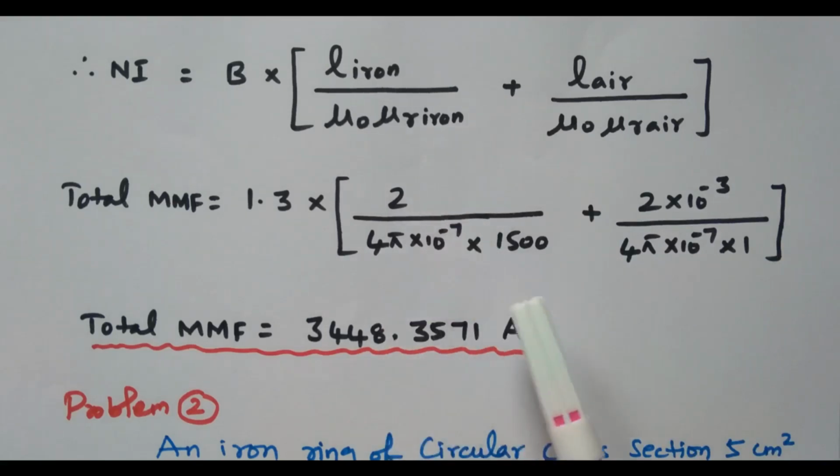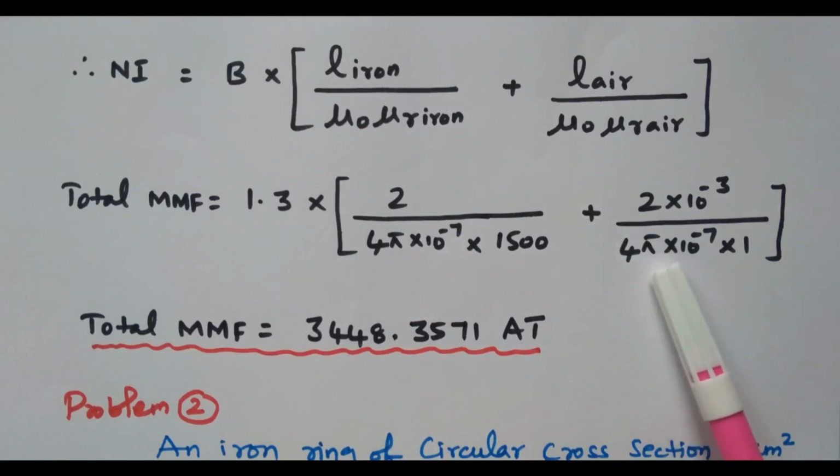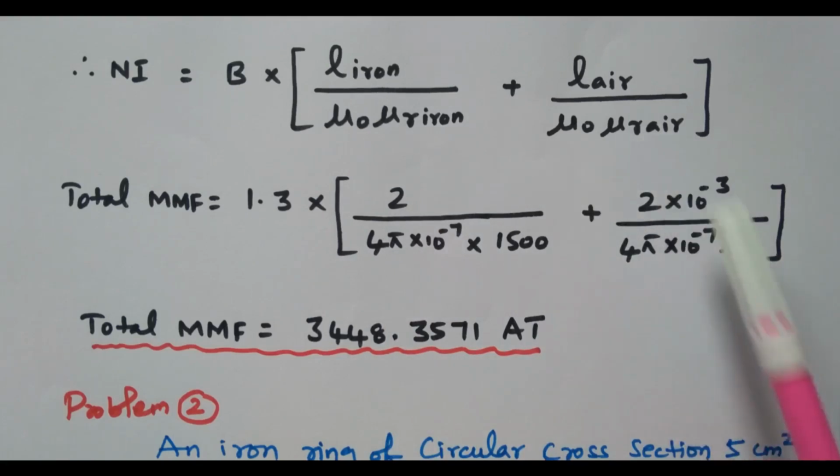For iron, the relative permeability is given as 1500. Here mu naught is 4 pi into 10 to the power minus 7, and mu r of air equals 1. After simplifying this, we got 3448.3571 ampere turns. The total MMF for this circuit is 3448.3571 ampere turns. Now we'll go to the second problem.